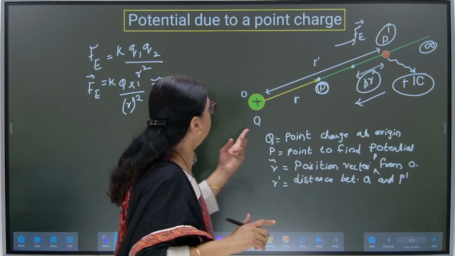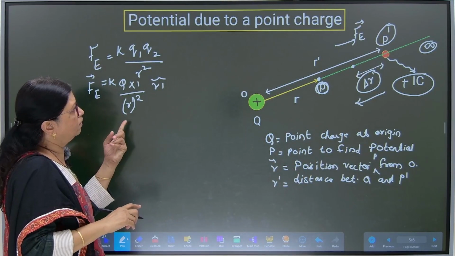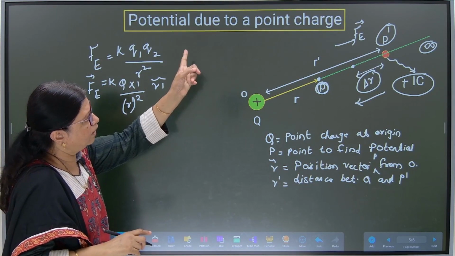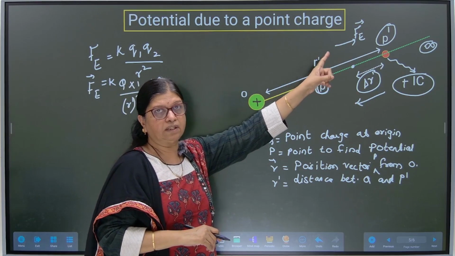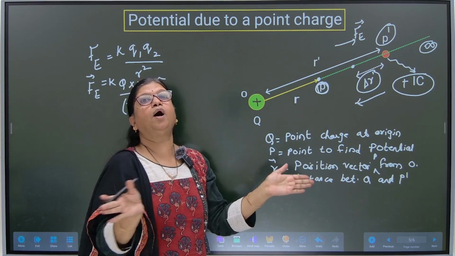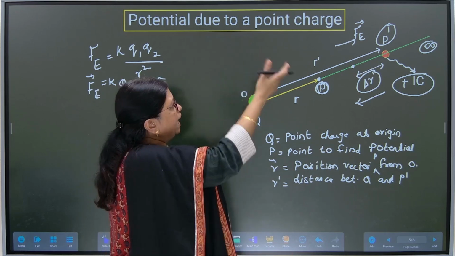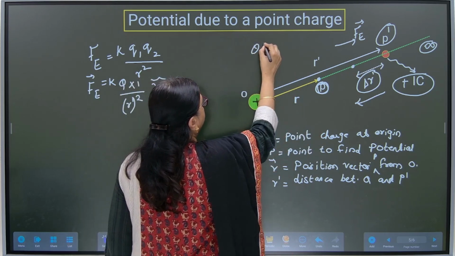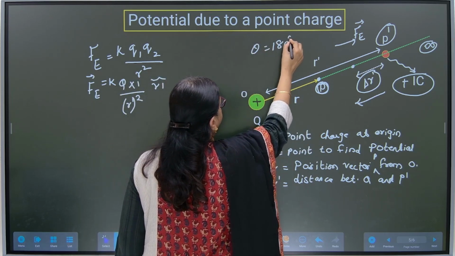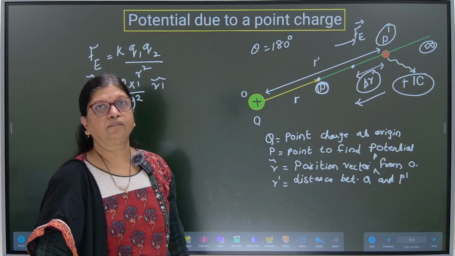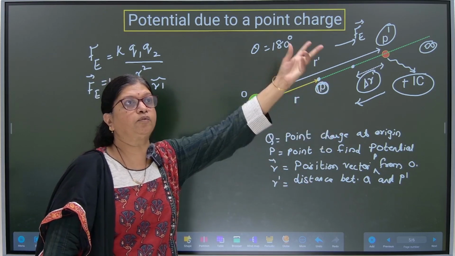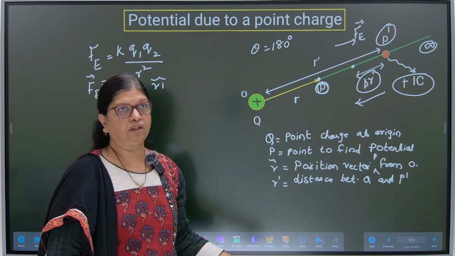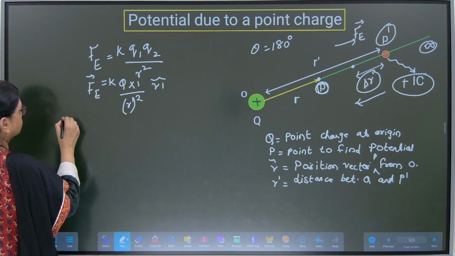So here the direction between the force and displacement is opposite. So what is the angle between these two? 180 degree. And what are we trying to find out? The work done in this process of bringing that charge. So what is the work done?